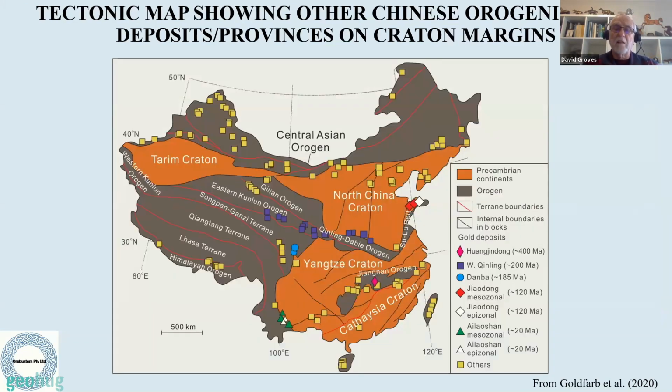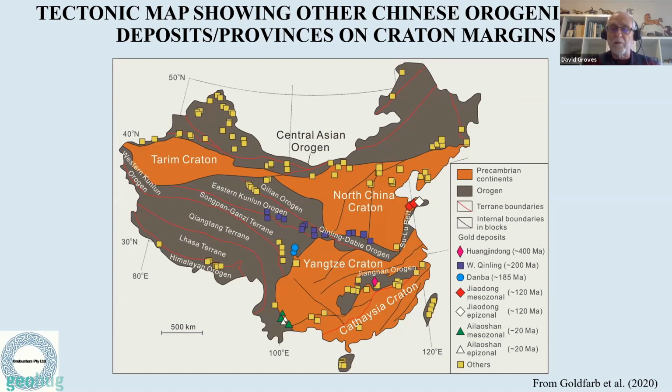The other China gold deposit, you can see it's very unusual for me. When I saw these maps, very unusual in the sense that many of these orogens are relatively very skinny orogens between the cratons. So you can see the Qinling, Dabie orogens between the North China and the Yangtze Craton.